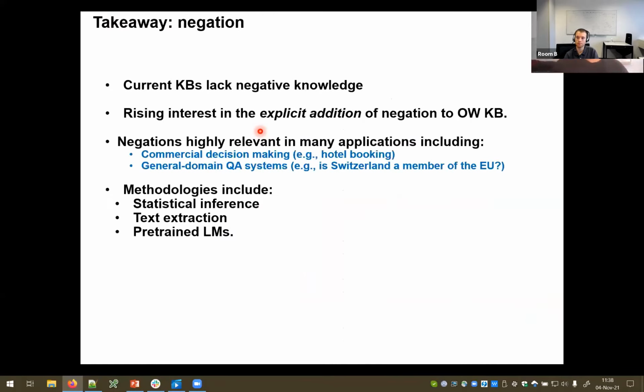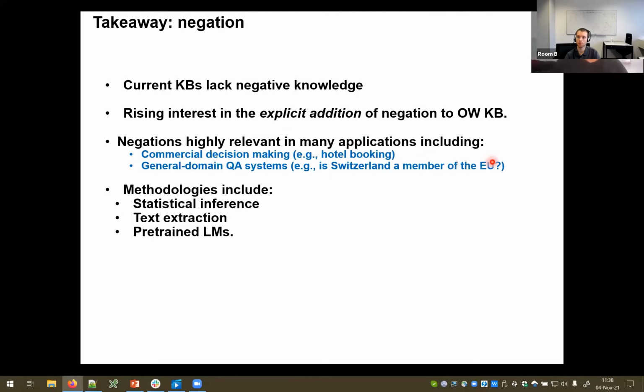Now, the takeaway from this part is that, as we've seen, current knowledge bases lack negative knowledge. We have seen a rising interest in the explicit addition of negation to open world knowledge bases and a number of approaches, and also a number of projects and tools and data sets.